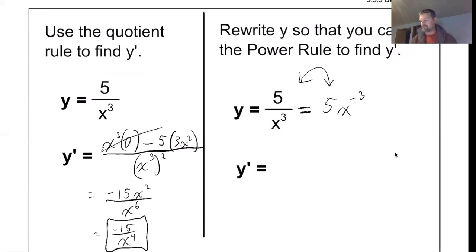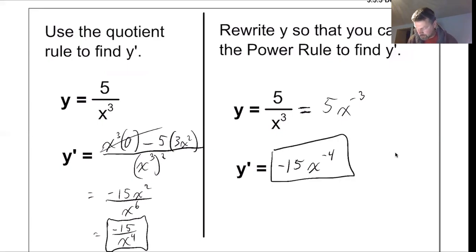And if I write it like this, all of a sudden it's not a quotient anymore. So I don't need the quotient rule for this one. I could just bring that 3 down and use my standard shortcuts. Negative 3 times 5 is negative 15. X, drop the power by 1, so instead of x to the negative 3, x to the negative 4th. This answer and the answer I came up with before, same exact answer.